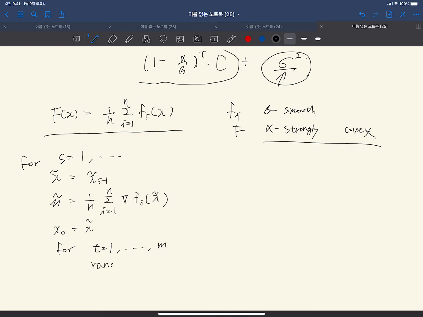So every time, randomly pick one index, let's say this is it. Of course, it belongs to 1 to n, an integer value. And xt, the starting point is t equal to 1. So xt is equal to xt minus 1 minus the step size eta times gradient of fit at xt minus 1.